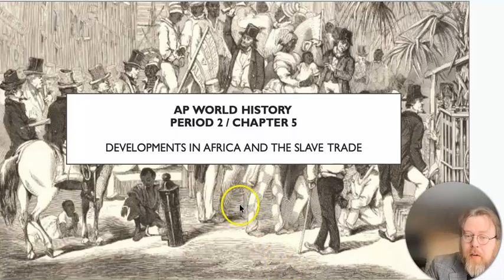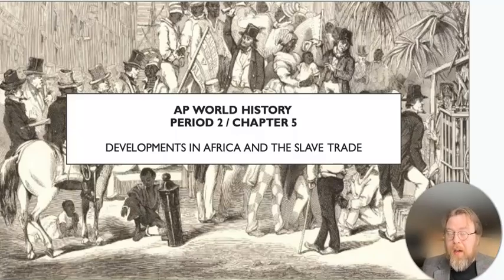This illustration here is actually that of a slave market in Charleston in 1856. This should be not just doubly ominous, but triply ominous, because Charleston is ground zero of secession during the year 1860, late 1860.